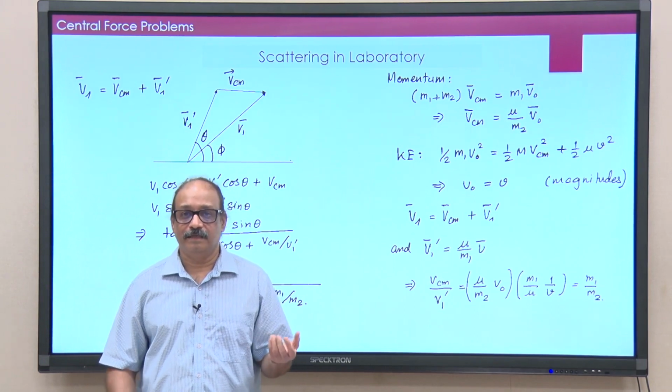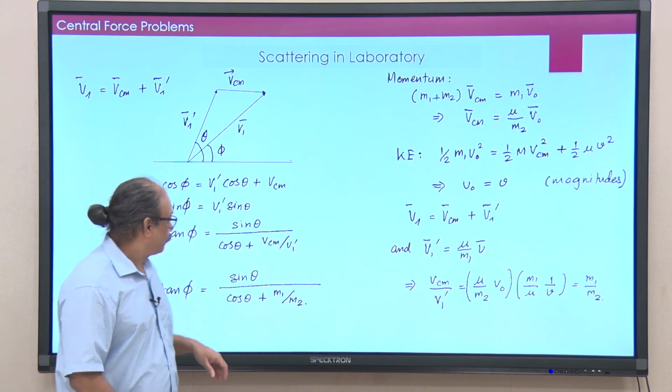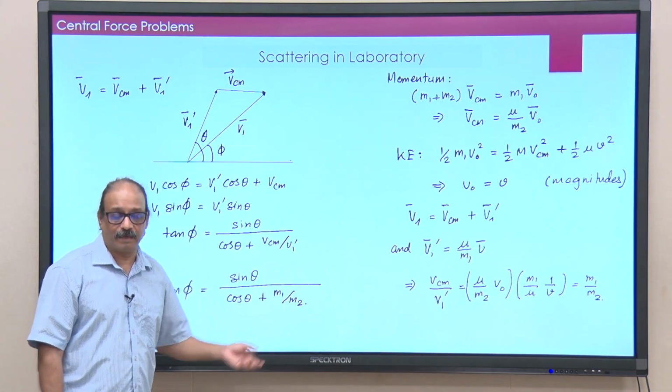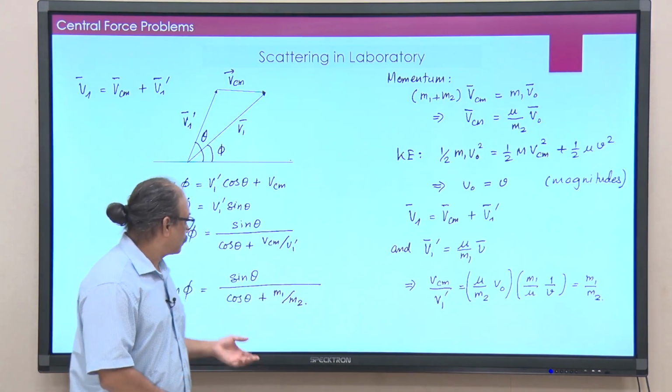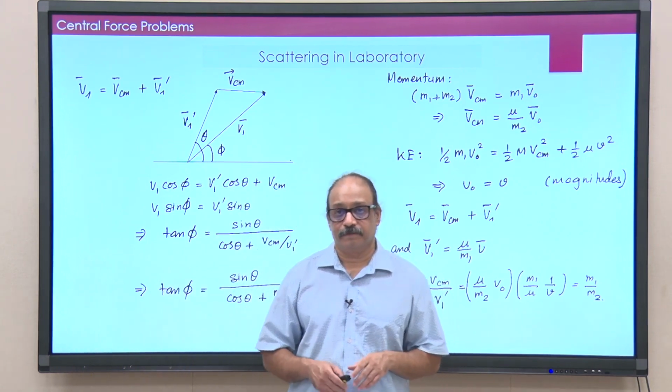And now I can easily correlate the differential cross sections from laboratory frame to the calculated frame, okay, or our calculations. And this is how you actually put everything together.